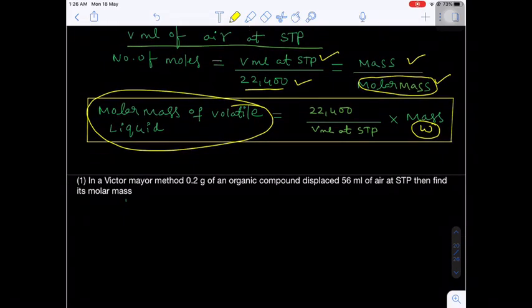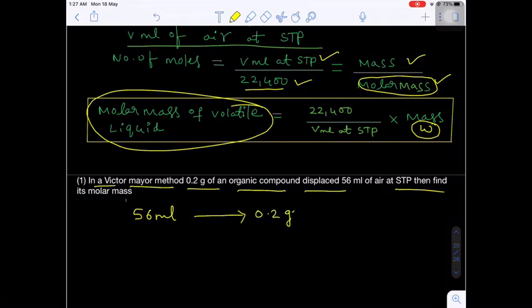Now let's suppose we have one problem. In a Victor-Meyer method, 0.2 grams of an organic compound displaced 56 mL of air at STP. Then find the molar mass. Very simple. 56 mL of air is displaced, and the corresponding weight of the organic compound is 0.2 grams.